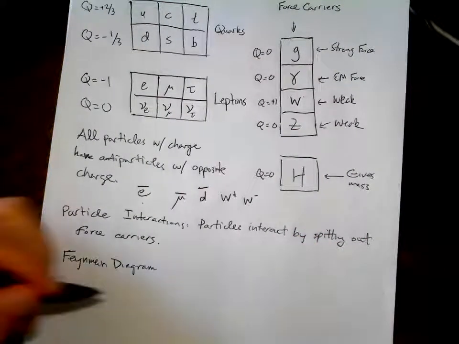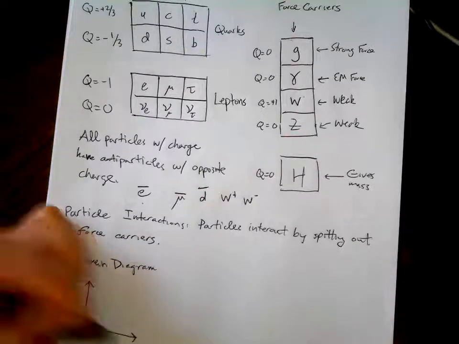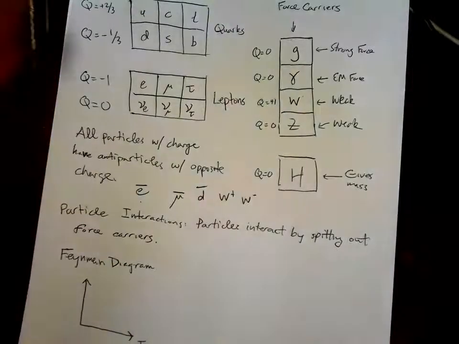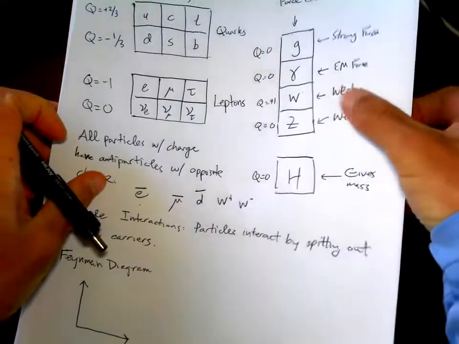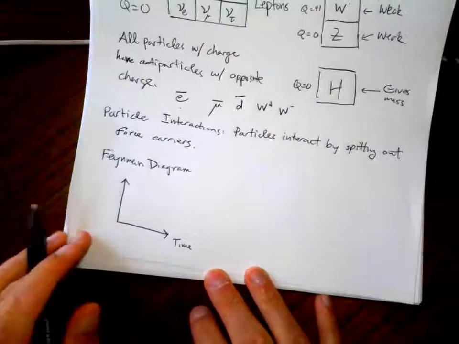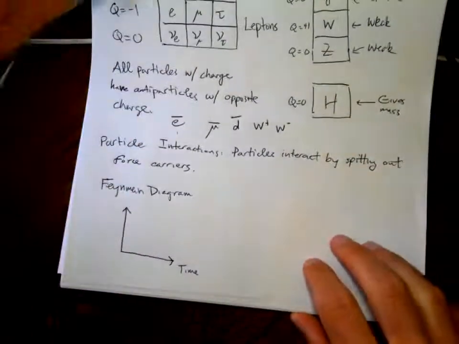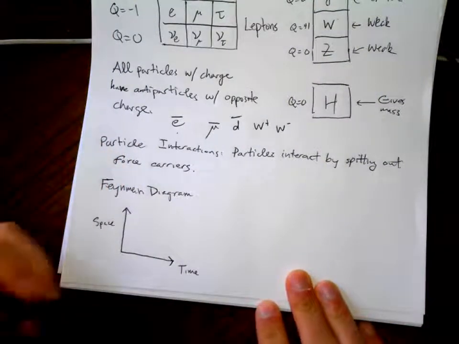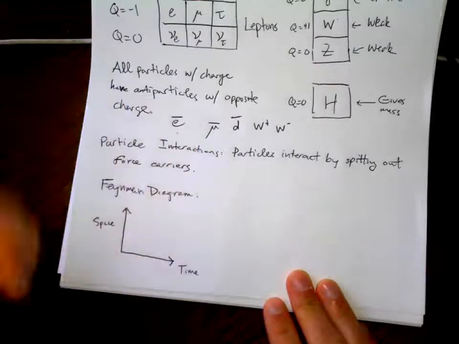And when we draw a Feynman diagram, we're going to imagine time as running horizontally. And we're going to imagine space as running vertically. Let me show you what a Feynman diagram might look like.